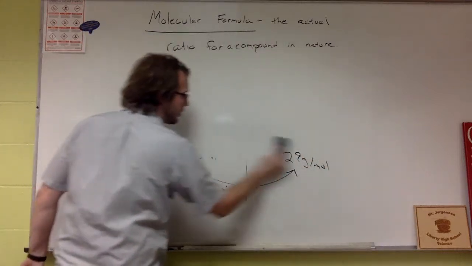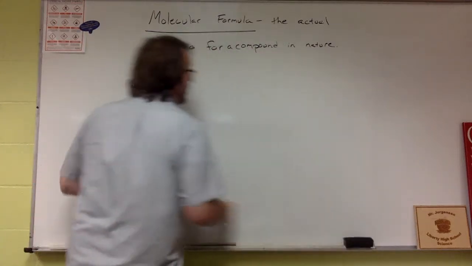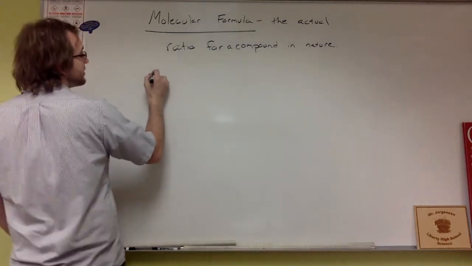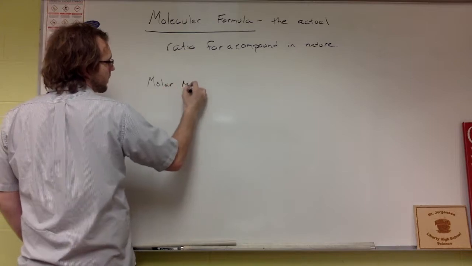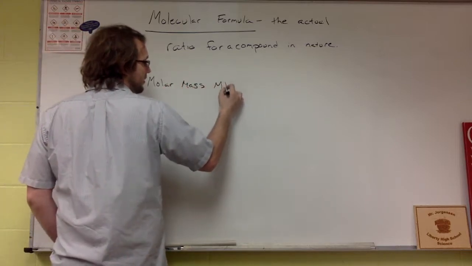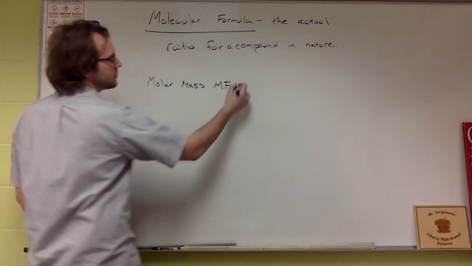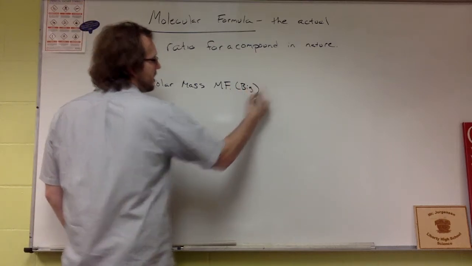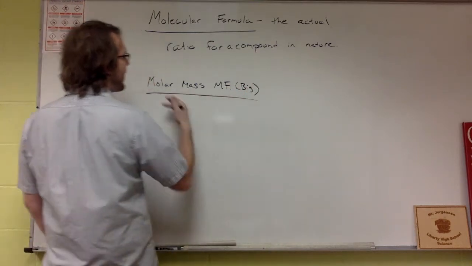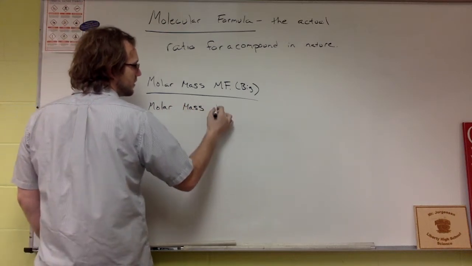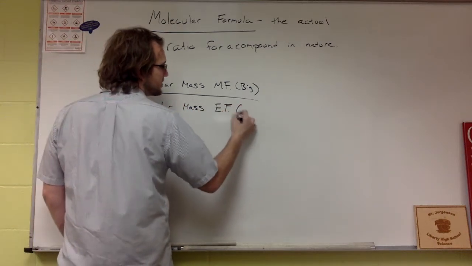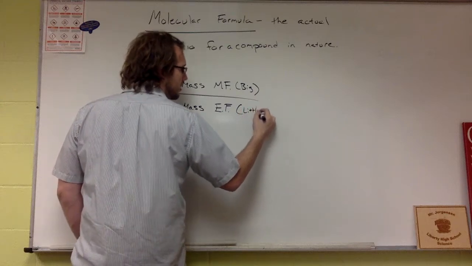And so your new step today is to take the molar mass of the molecular formula, the bigger number, I'll go ahead and put big there for us, and we're going to divide that by the molar mass of your empirical formula, or your smaller mass.